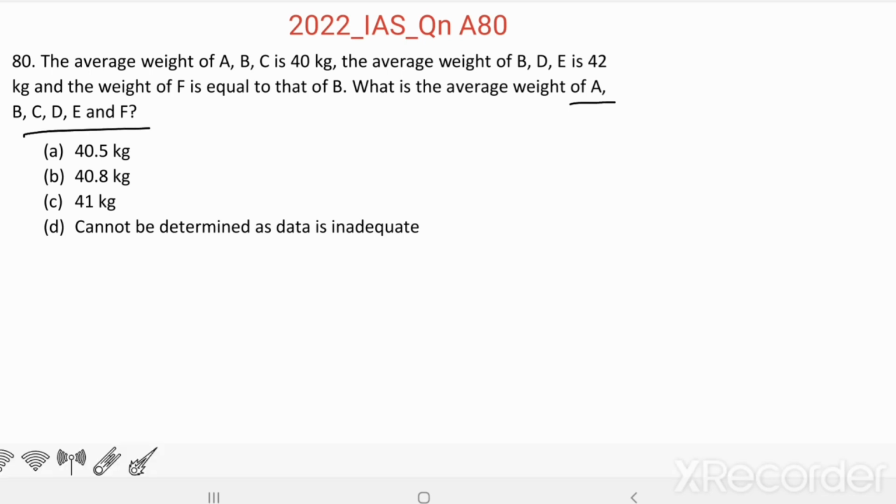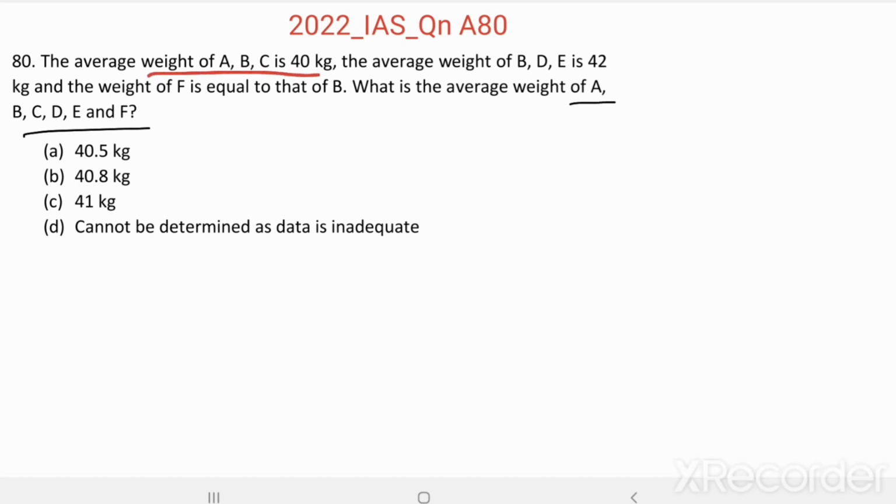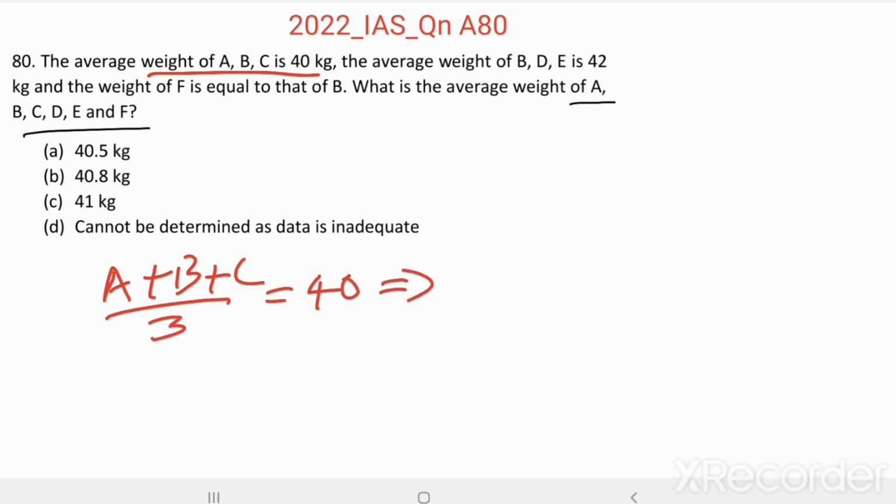For that, it is given that the average weight of A, B, C is 40 kilogram. So A plus B plus C divided by 3 equals 40 kilogram. This implies A plus B plus C equals 3 into 40, which is equal to 120.